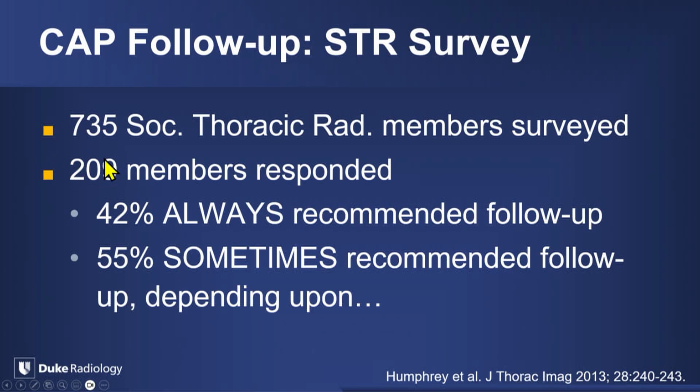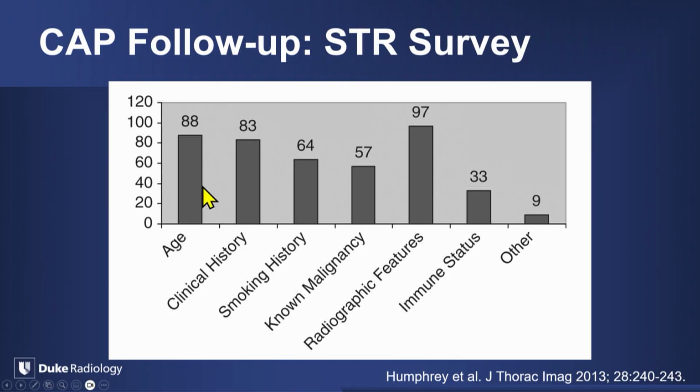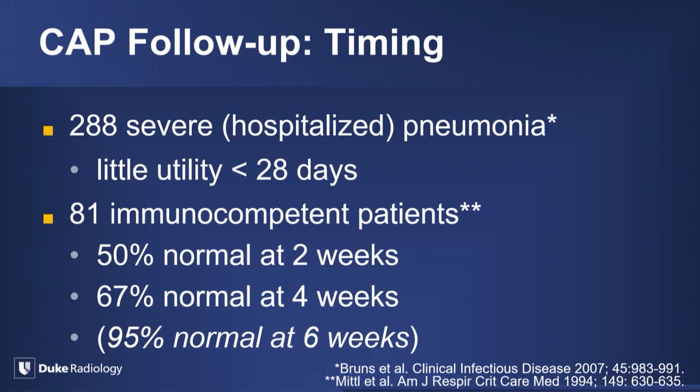But only about a third responded, and about half of those said they always recommended follow-up, and then a little bit more than half recommended that sometimes, depending upon things like age, clinical history, smoking history, known malignancy, radiographic features, immune status, but radiographic features tended to be the one that was most commonly used to suggest a follow-up. So they looked at it, they said, this doesn't exactly look like a routine community-acquired pneumonia, let's get a follow-up. All right.